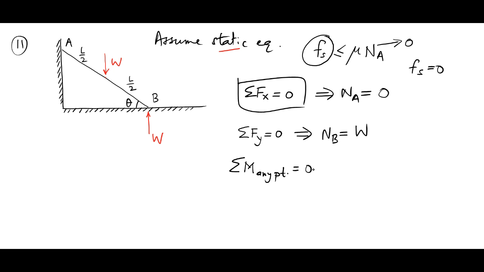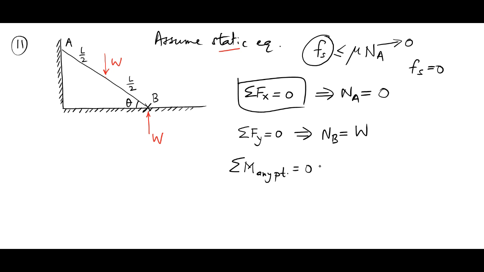That must necessarily be satisfied if static equilibrium exists. Now you can easily see that this is not the case in the current state of the FBD. If I find the moment about B, let's say, then this force has no moment because it passes through B, and this one will have a non-zero moment. The other way to visualize it is these two forces form a non-zero couple, and therefore the moment about any point is equal to that non-zero couple.